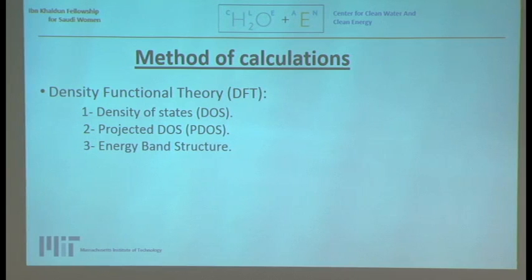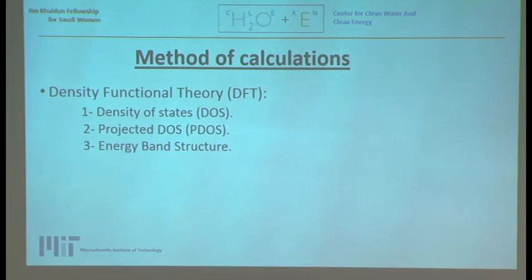We will also plot the energy band structure of the system, which gives the intervals of energies, called bands, where the electrons are allowed to be, and the range of energy where the electrons are not allowed to be, which is called the band gap.